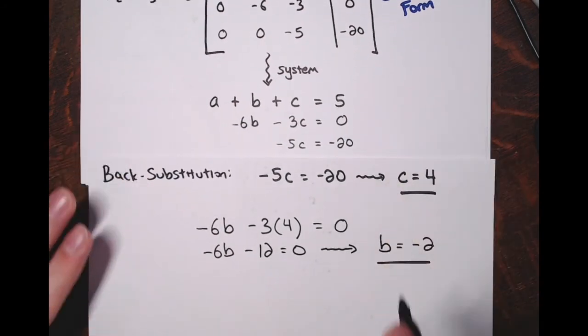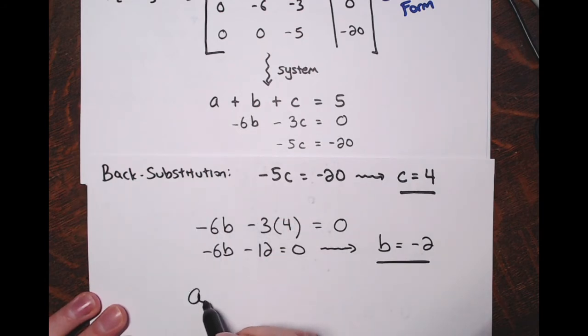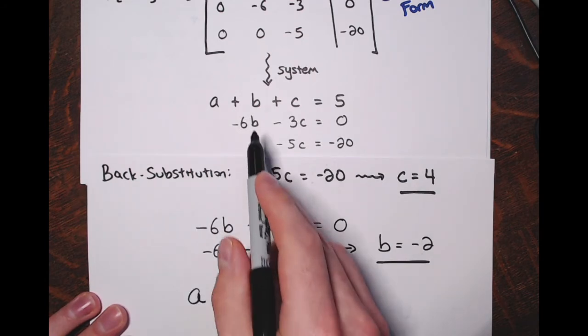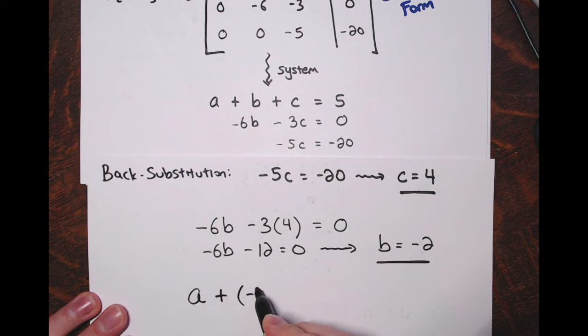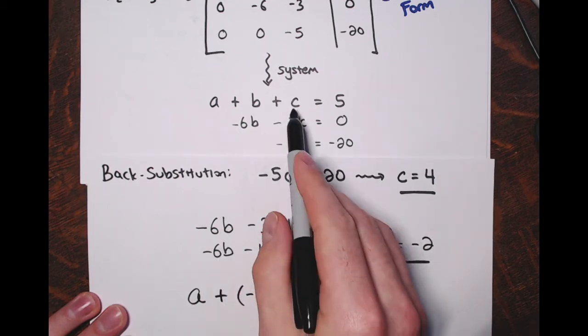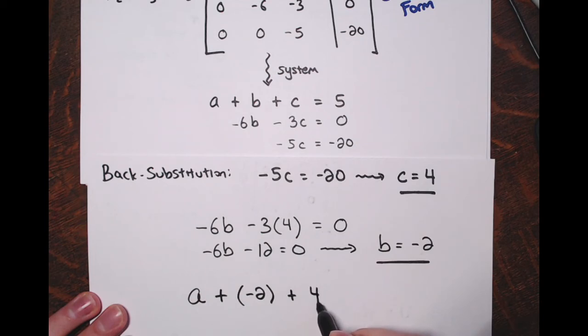All right, then going back to the first equation, we have a plus b, but b is now, we know, -2, plus c, which is +4, equals 5. And then this is just a plus 2 equals 5. Solving this for a gives me a equals 3.